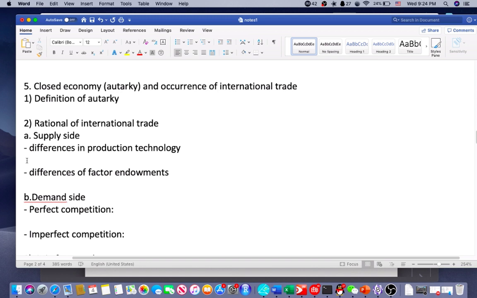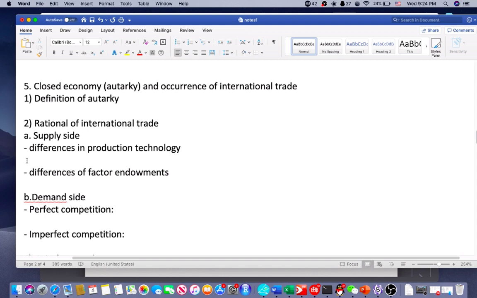The rationale of international trade can be analyzed from the supply side and demand side. The relative price difference between two countries causes the free flow of factors between two countries.